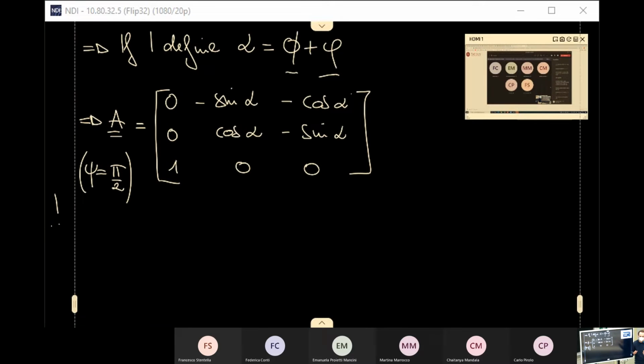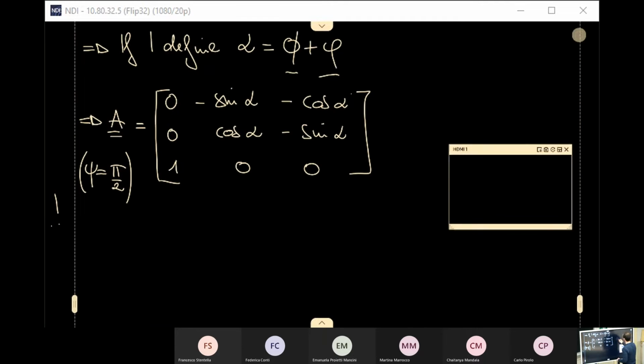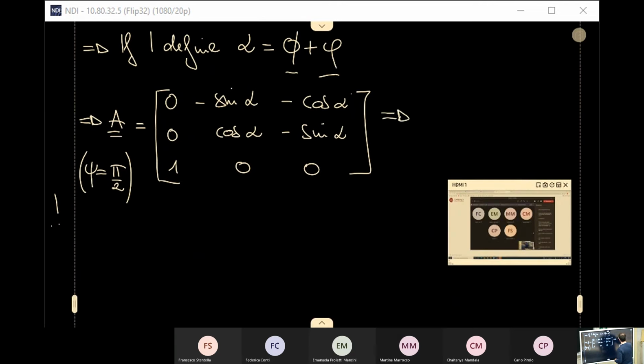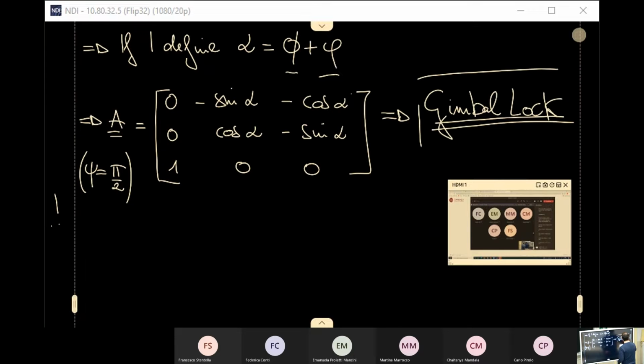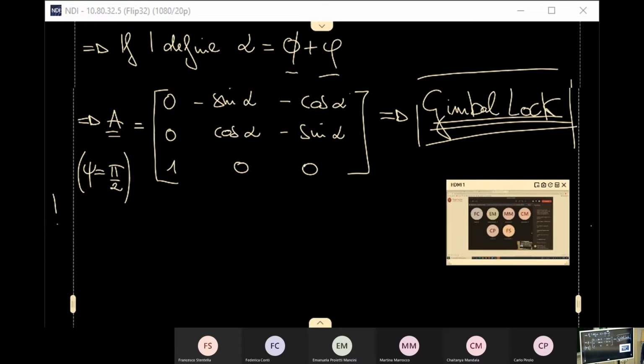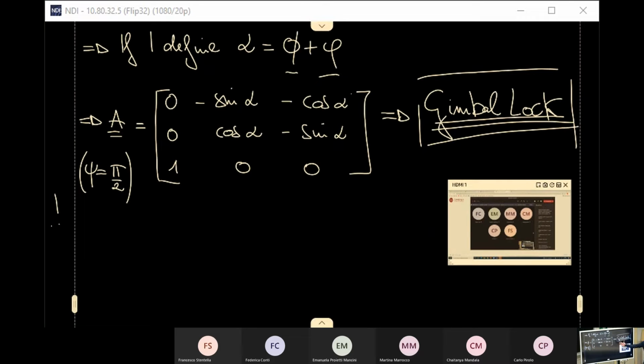And it's a supercritical condition, and we will see now why. It's called gimbal lock because there is no way now, mathematically speaking, to go back to the previous condition in which I had all 3 degrees of rotation.